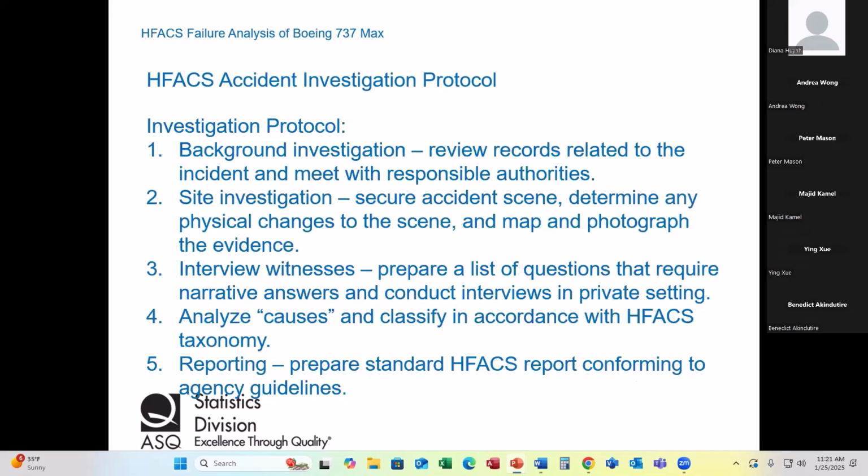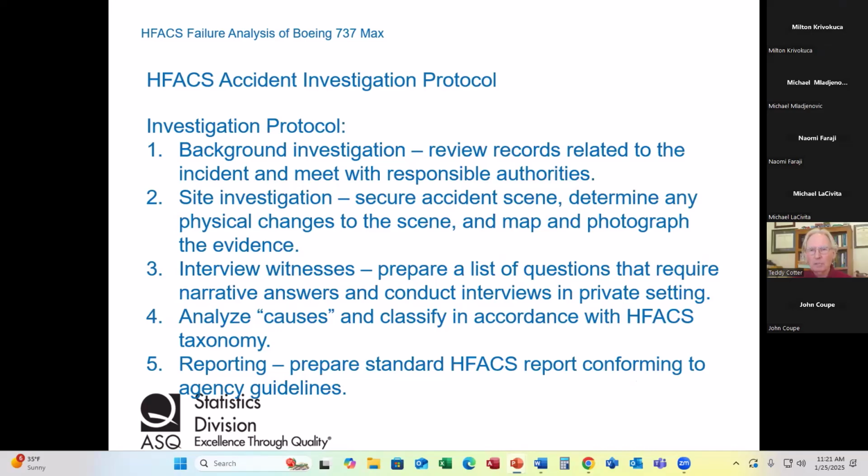The investigation protocol: we start with a background investigation. This is when an incident or an accident occurs. Review the records related to the incident and meet with the responsible authorities. Then they go to the site investigation: secure the accident scene, determine any physical changes to the scene, and map and photograph the evidence. Interview witnesses, prepare a list of questions that require narrative answers, and conduct interviews in private settings.